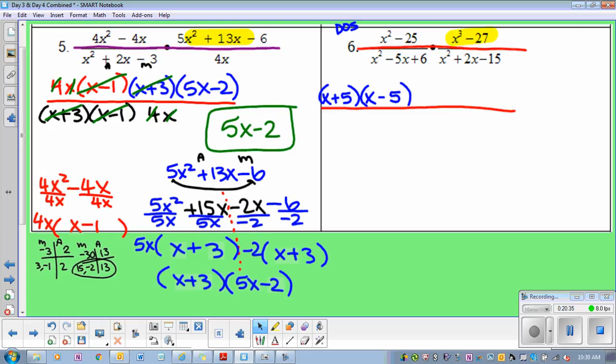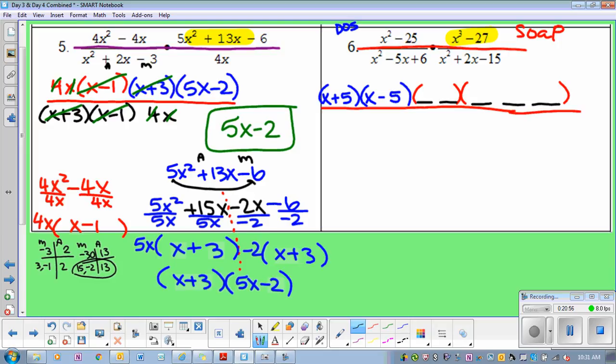And then let's go over here to this x cubed minus 27. It's x to the third, right? So SOAP has a special little setup. We have to do our 2 and the 3. What's the cube root of x cubed?